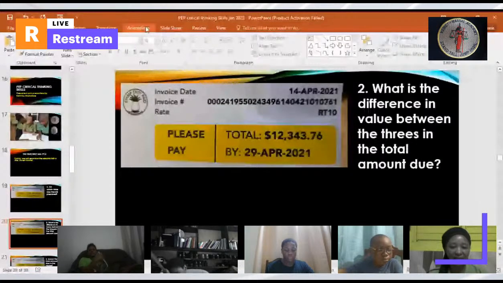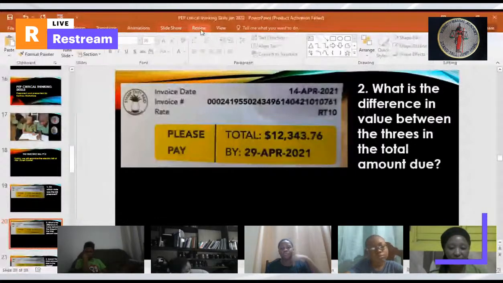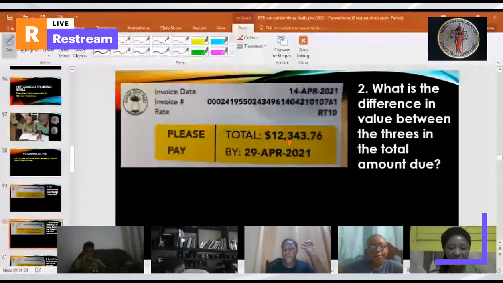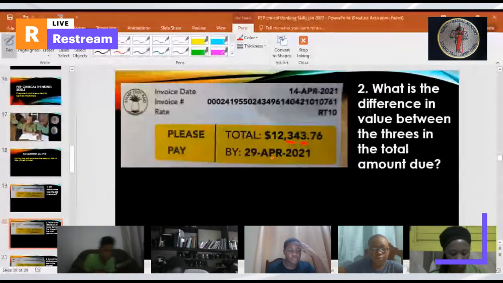Okay, so Antoine is saying 300, and Madison posted her answer 297. Antoine, that's correct. This 3 here is 300. And this one is what? What's the value of one? 3 ones.